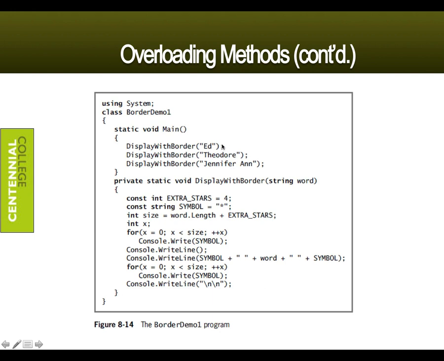But you see that we're sending a string, here's a string, and here's a string, just different strings that we're sending to DisplayWithBorders. In this particular case, this isn't an overloaded method. This is just a regular method that we're sending stuff to. It has one string parameter, and it's accepting a variable called word, which is local to this scope between these two curly braces.